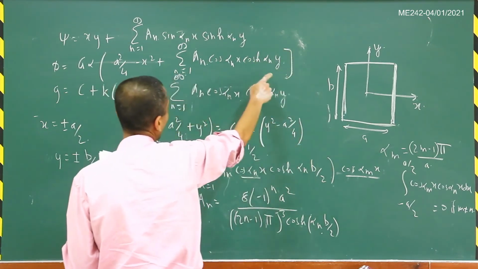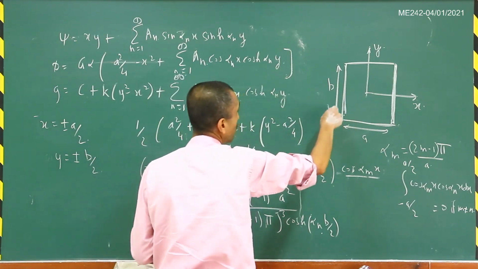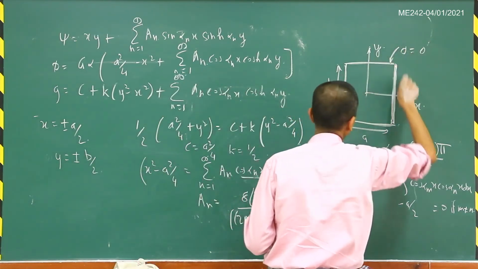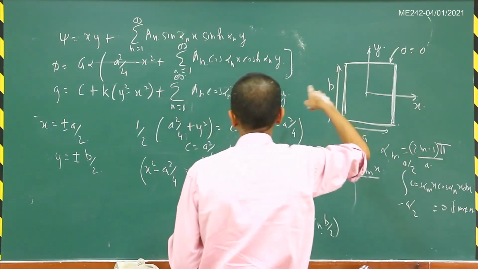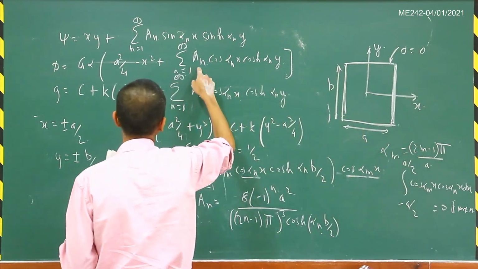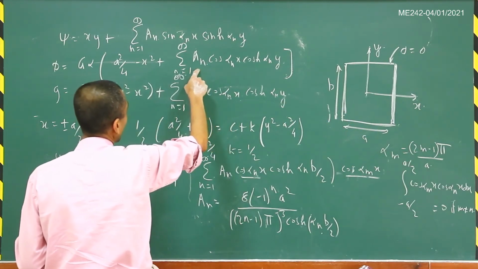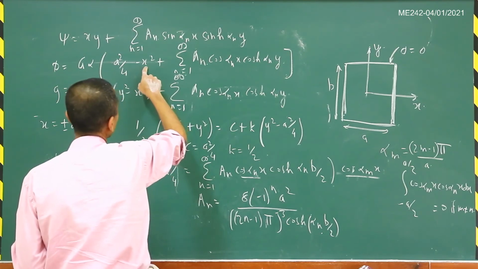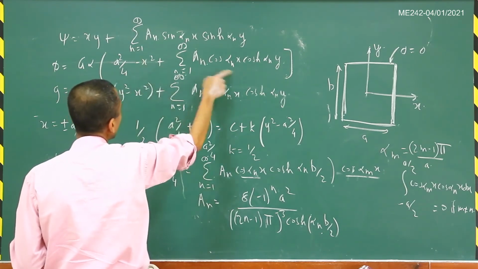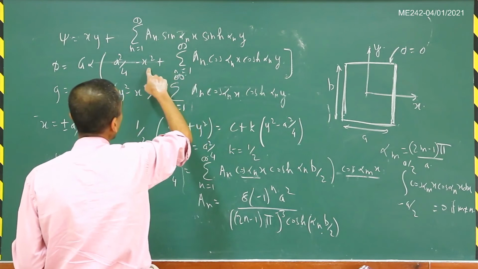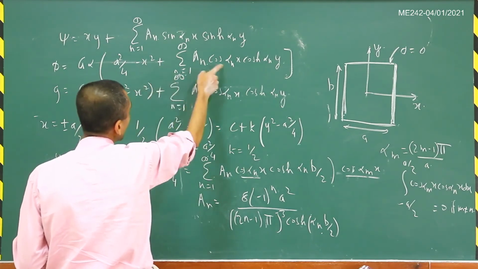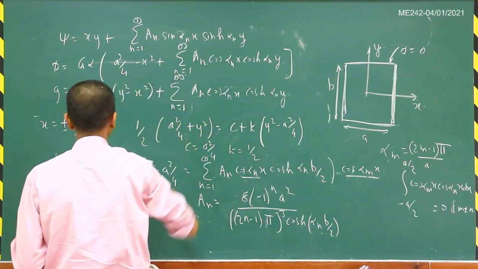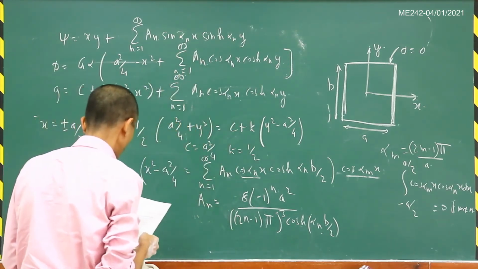You can verify that phi is equal to 0 on the entire boundary. Again, the orthogonality of the cosine functions will play a role. For x equal to plus minus a by 2, directly it is 0. And then for y equal to plus minus b by 2, you will have to use the orthogonality in order to show that this whole thing vanishes.